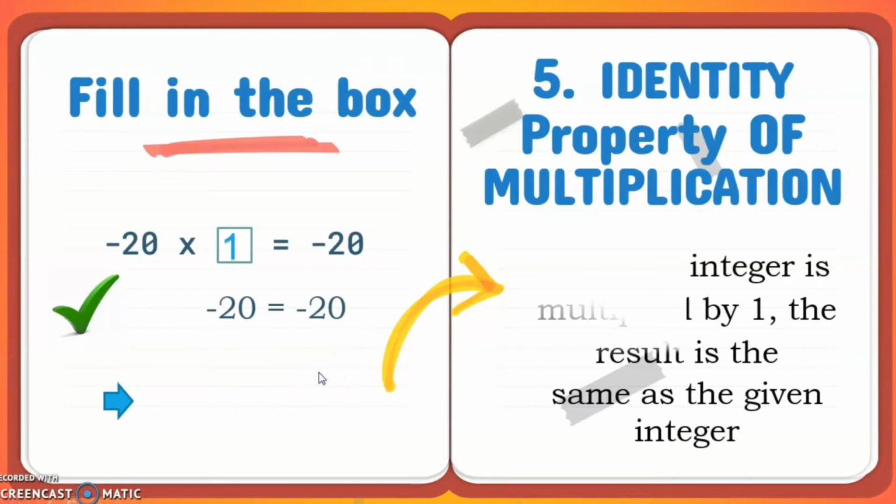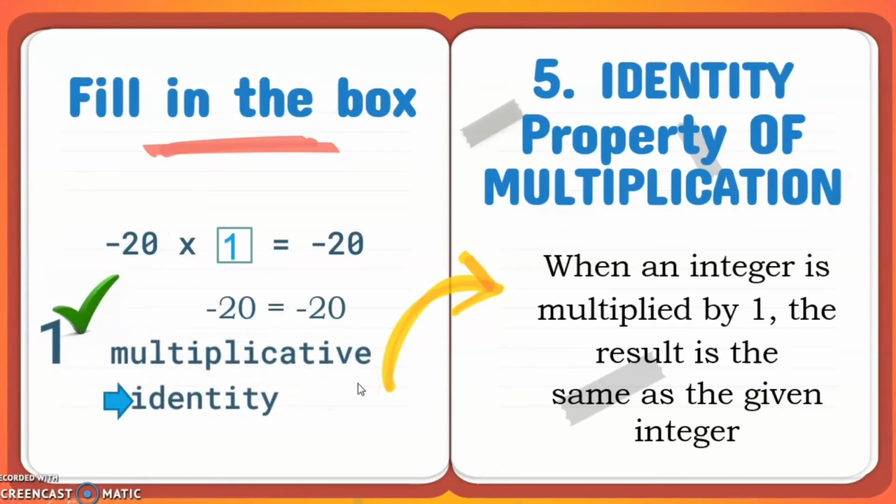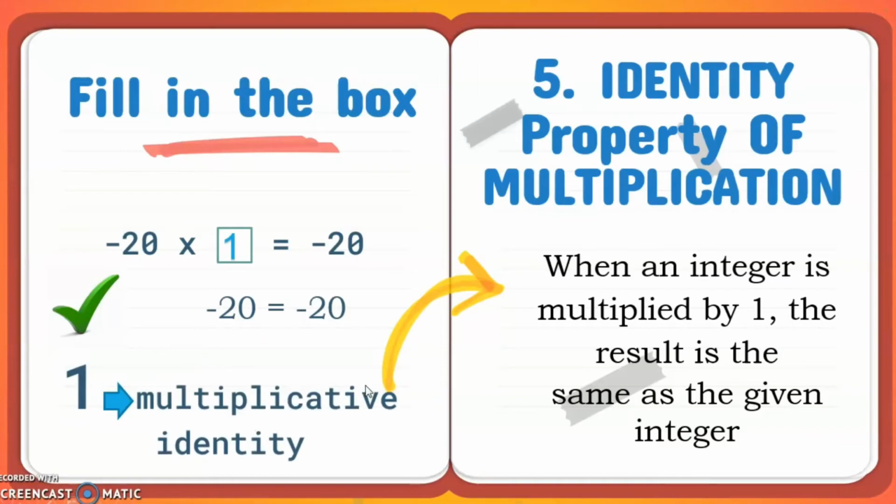So, ito yung number na pag multiply mo by 1, ang result ay same as the given number or the given integer. So, yung 1, ito yung tinatawag natin multiplicative identity. Kanina, kung ano yung i-add mo to make it the identity niya, 0 yon. Pero sa multiplication, kung ano yung imumultiply mo para maging ka-identity niya, so yun yung 1. Kaya siya tinatawag na multiplicative identity.